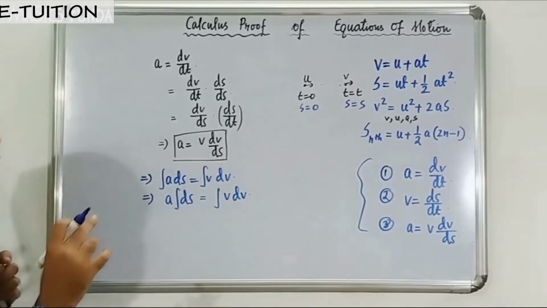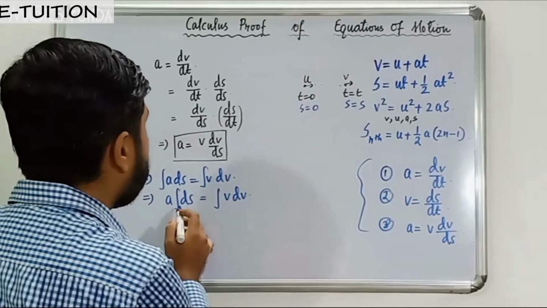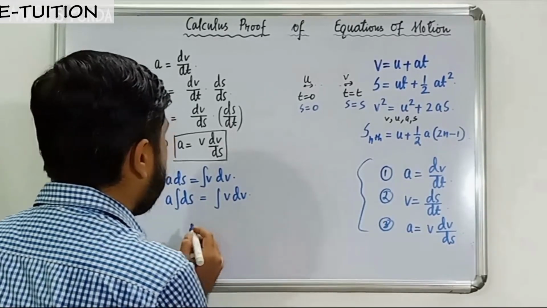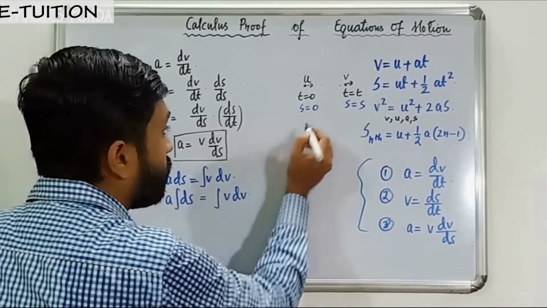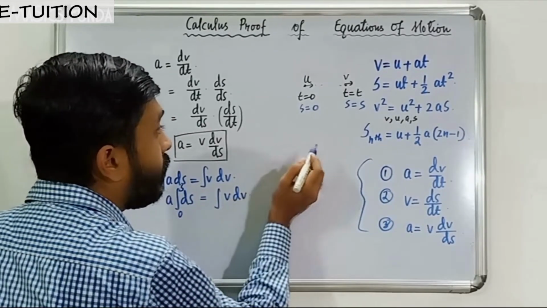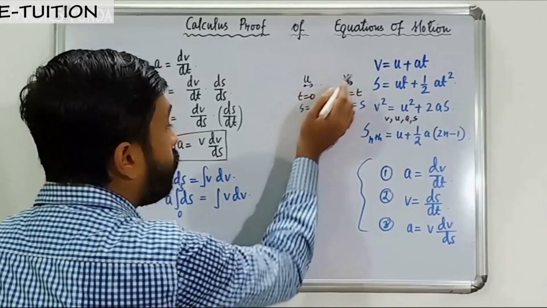Now the limits for integration, the lower limit and the upper limit: for s being 0 to s, and for v it is supposed to be from u to v.